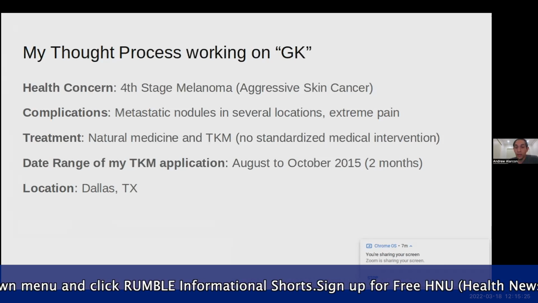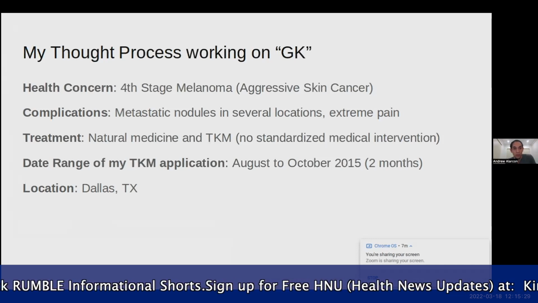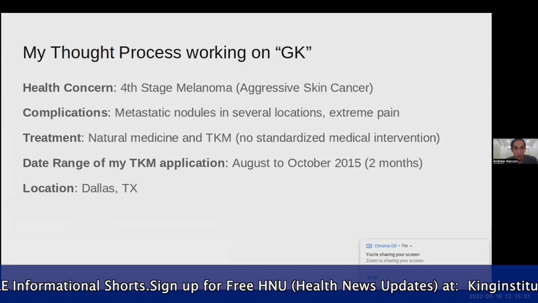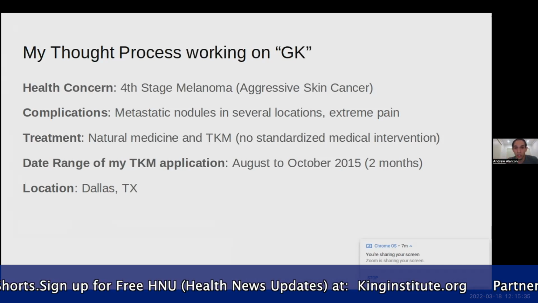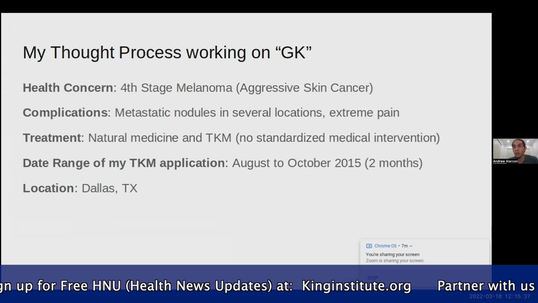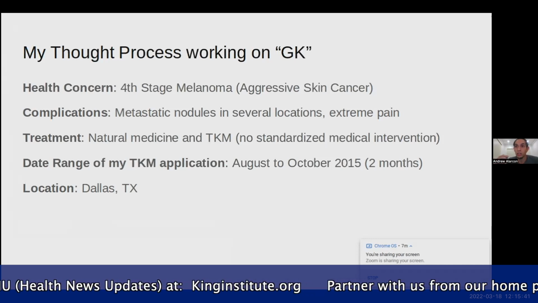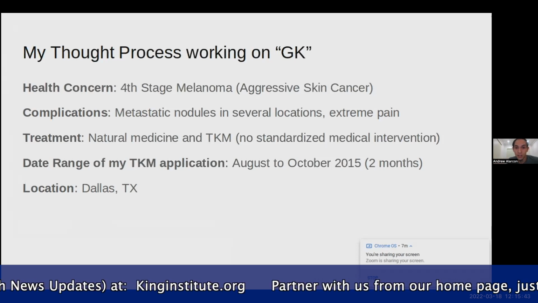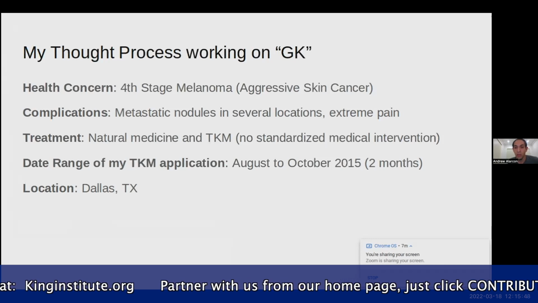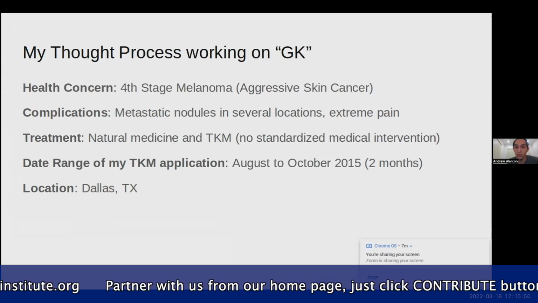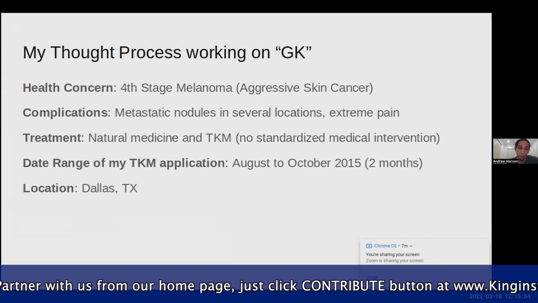Of course, being fourth stage and with such an aggressive skin cancer, there were complications, notably metastatic nodules in several locations. Meaning there were several small-sized masses already spread in different locations. And because of that, there was also extreme pain in certain locations of his body.